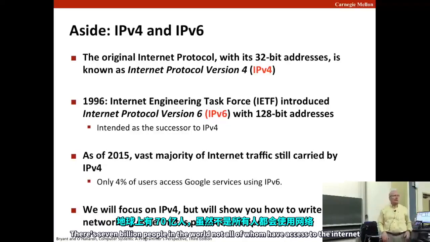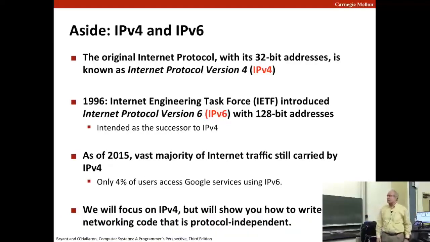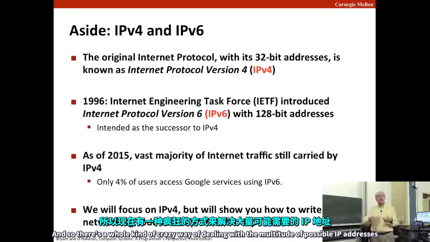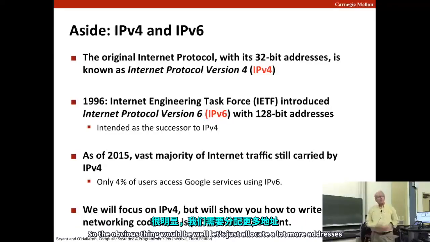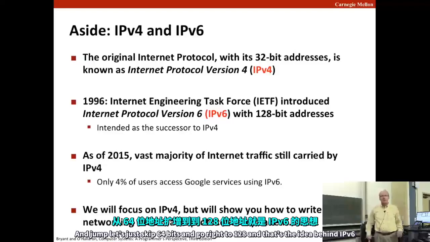There's 7 billion people in the world, not all of whom have access to the internet, but a large fraction of them do. And so there's a whole kind of crazy way of dealing with the multitude of possible IP addresses. The obvious thing would be, well, let's just allocate a lot more addresses and skip 64 bits and go right to 128.